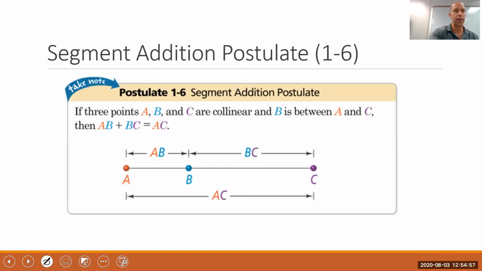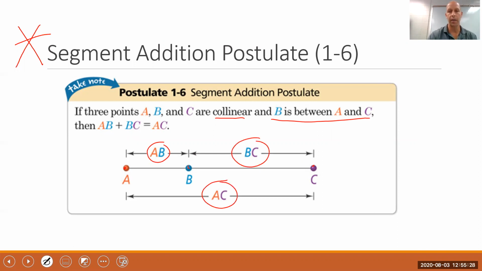Segment addition postulate. This is a big one, super important. Let's say you've got three points, A, B, C, and they are collinear, which means they're on the same line, and we know that B is between A and C. B is somewhere here, not necessarily in the middle. Then the length of AB plus the length of BC is equal to the length of AC.